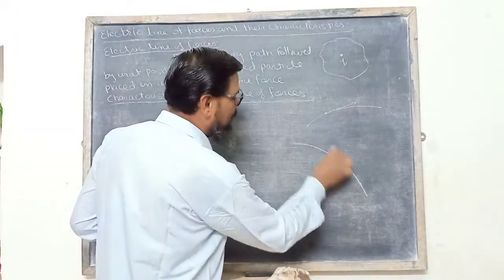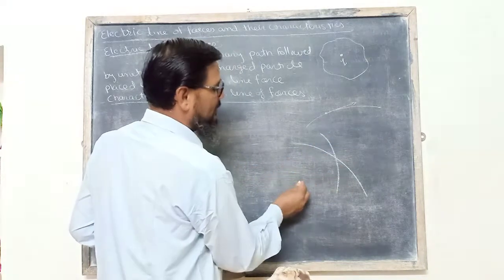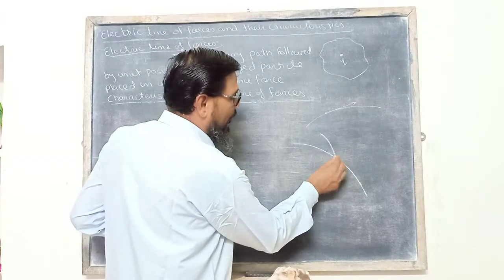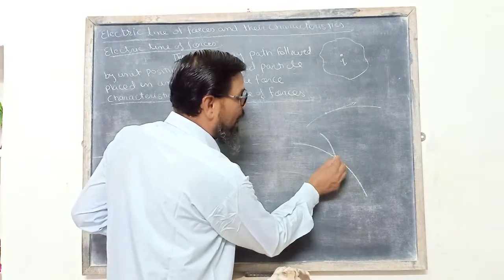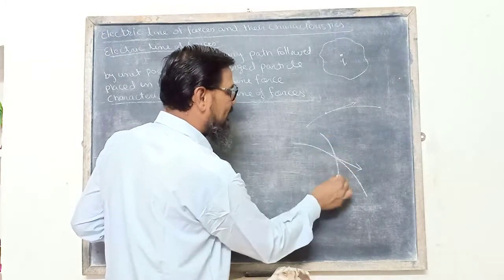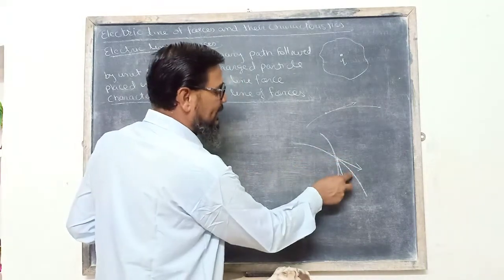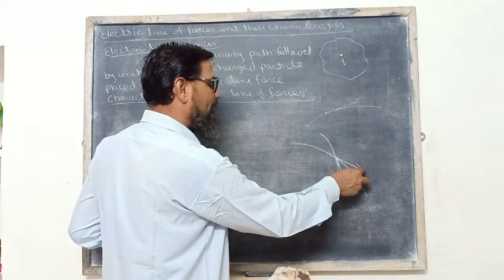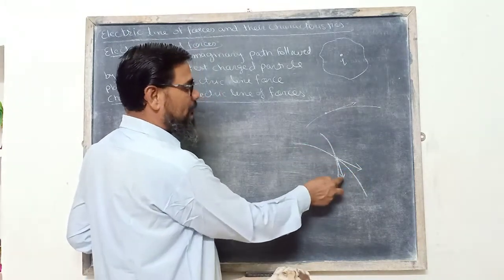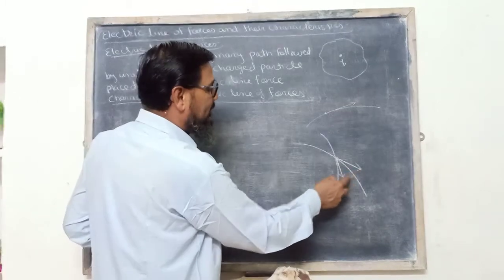If they do so, means we consider that two electric line of forces cross each other, then at their point of intersection, according to this electric line of forces the tangential line will be this, and the electric field intensity will be along this arrow, and according to the other electric line of forces, the electric field intensity will be along that arrow.